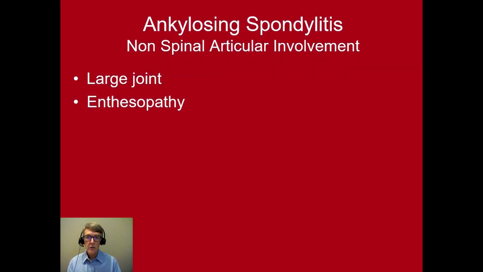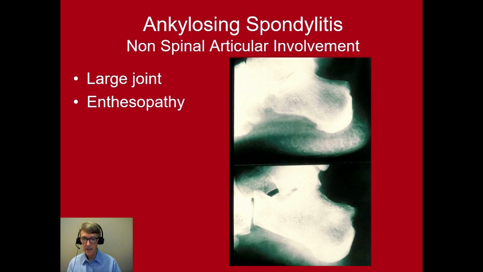There's a large joint extra spinal involvement in ankylosing spondylitis. As many as 35% of patients with ankylosing spondylitis can have extra spinal involvement. Typically, it's more often large joints, although any joints can be involved. More often it's in the hip, possibly the shoulders, etc. They also can have enteropathies, and basically, as we discussed earlier, that's inflammation of insertions of tendons or ligaments.